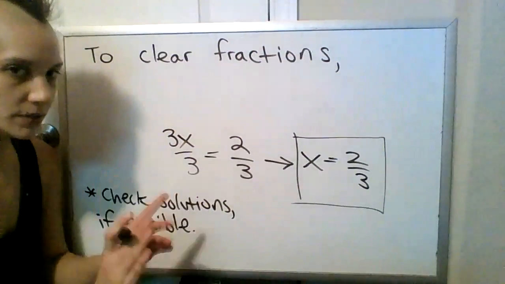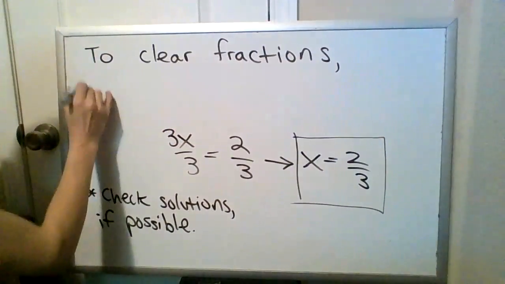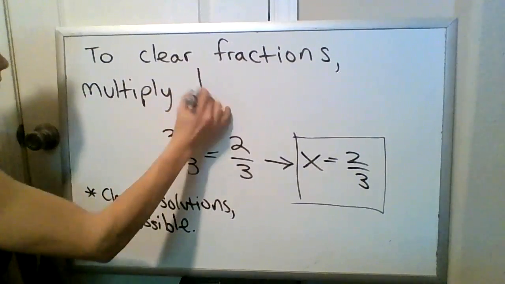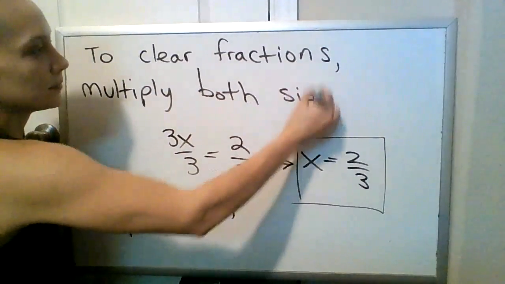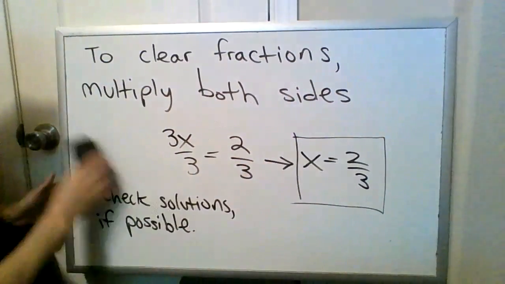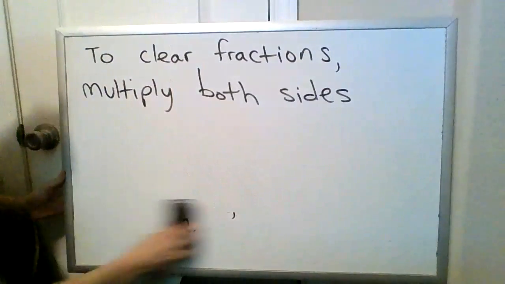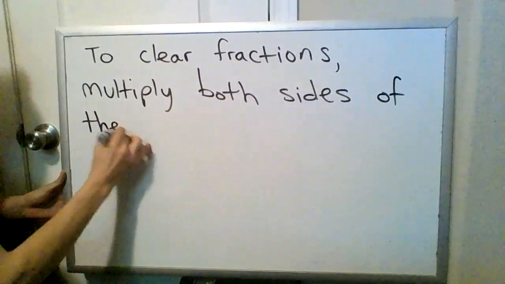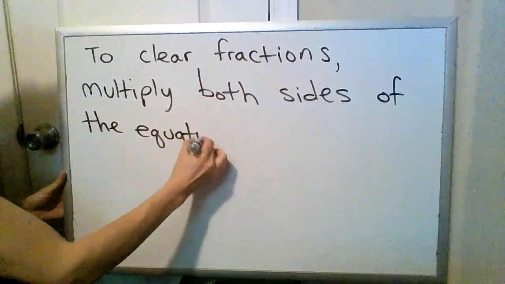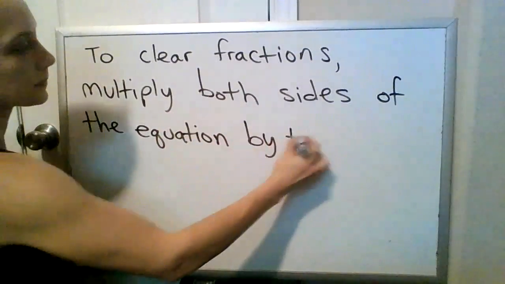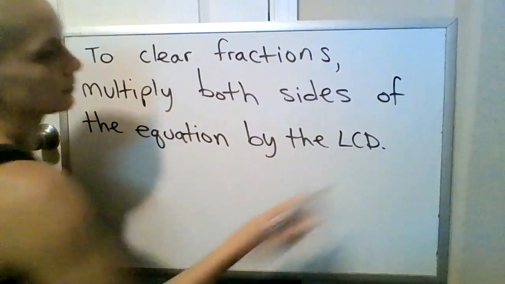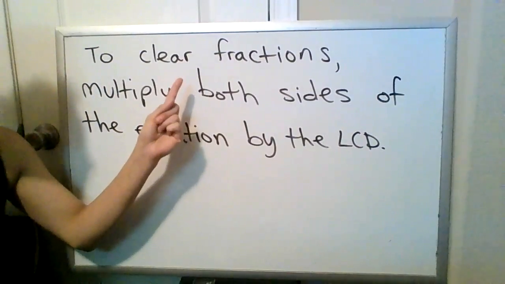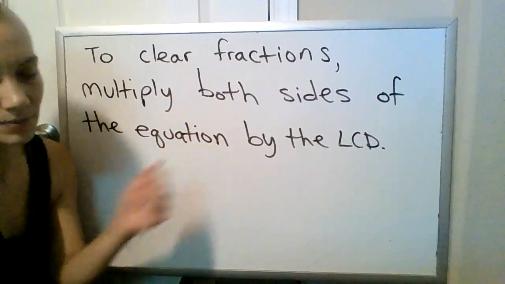So you multiply both sides of your equation by the LCD. So you do need to do scratch work and find the LCD, but then you have no fractions to work with, which is nice.